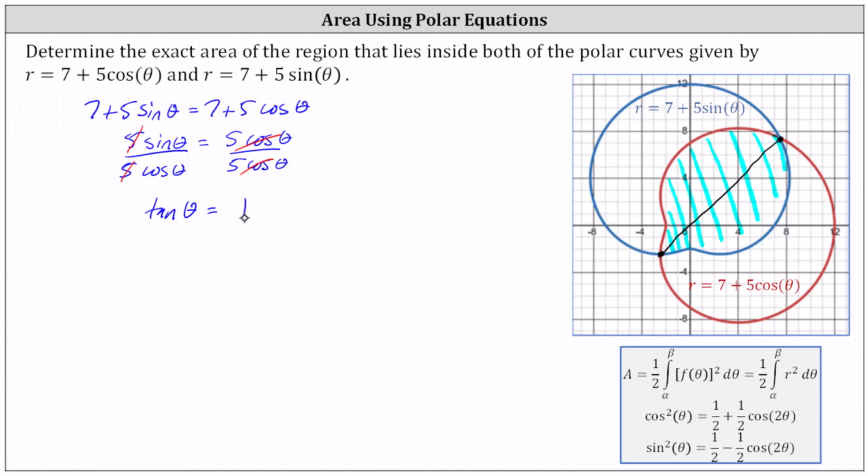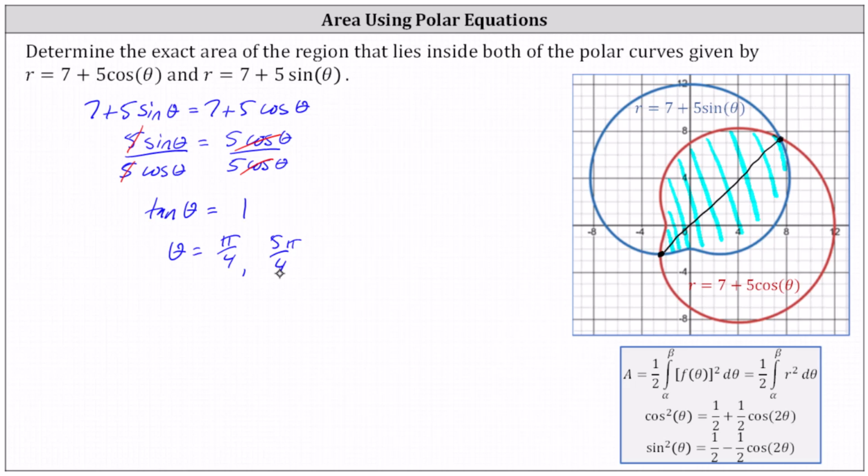Whenever we have a tangent function value of 1, we should be thinking of a 45-degree reference angle or a 45-45-90 reference triangle. And again, since tangent theta is positive in the first and third quadrants, the angles we're looking for are theta equals pi divided by 4 in the first quadrant, as well as 5 pi divided by 4 in the third quadrant.